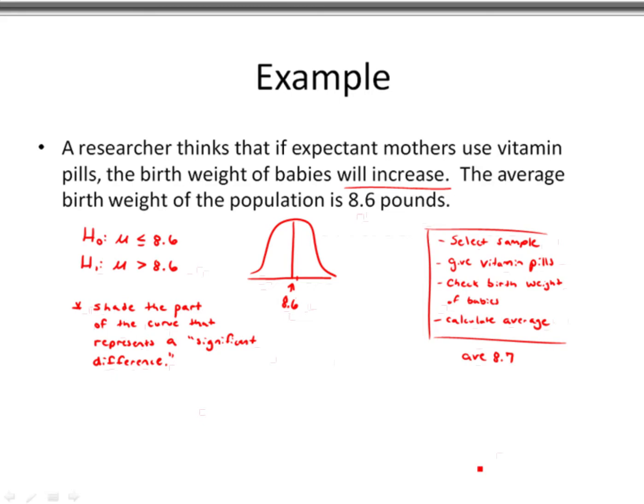Would you say that that's a significant increase? In other words, would you say that that's enough of an increase that you would encourage expectant mothers to actually take these vitamin pills? And I think the answer realistically is probably no. I mean, 8.7 is so very close to 8.6 that I don't think any of us would say that that's a significant increase.